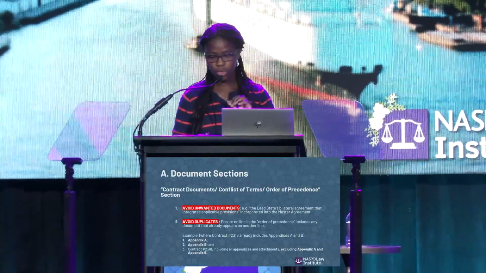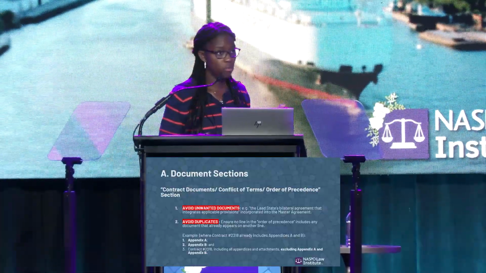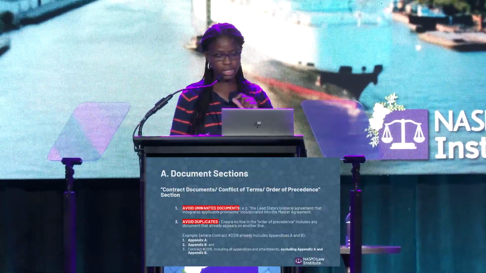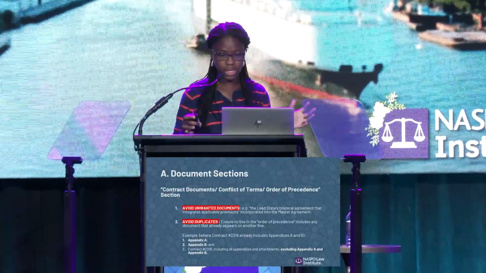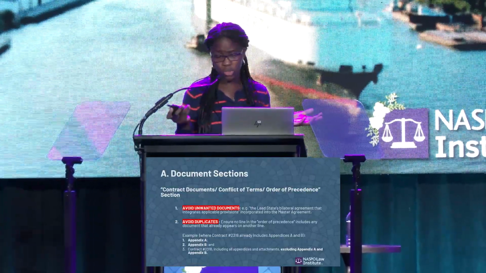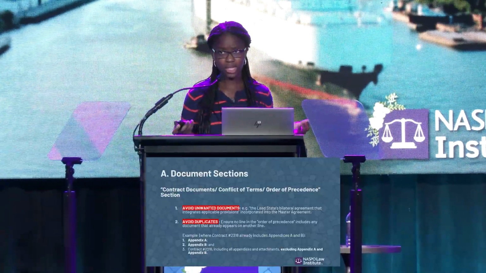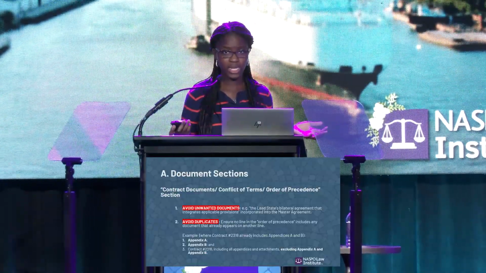And the example that I want to use is we were reviewing one of the master agreements and realized that in that section, the lead state had mistakenly included this document. We didn't really know what it was. It says the lead state's bilateral agreement. That sounded a lot to us like the participating addendum.